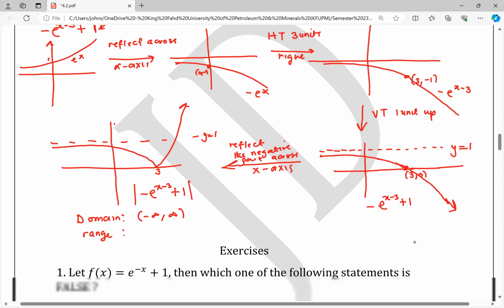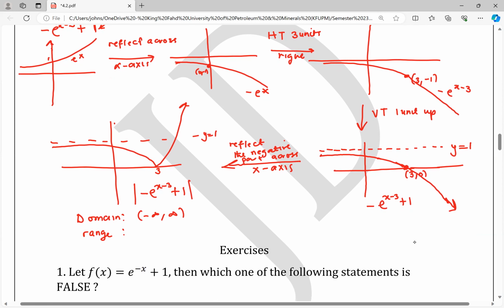The range in this case will be from 0 closed to infinity. But increasing, where is it increasing? Increasing is just from this point, but now you have to put it open, from 3 to infinity.